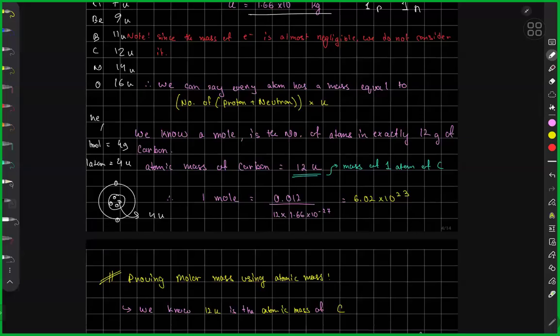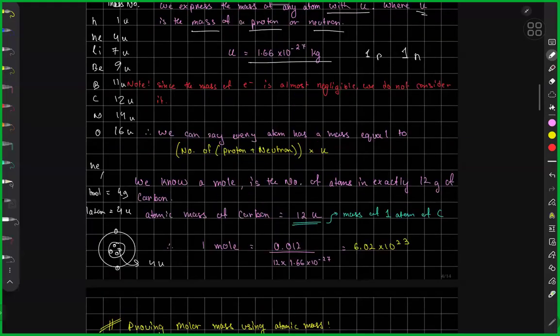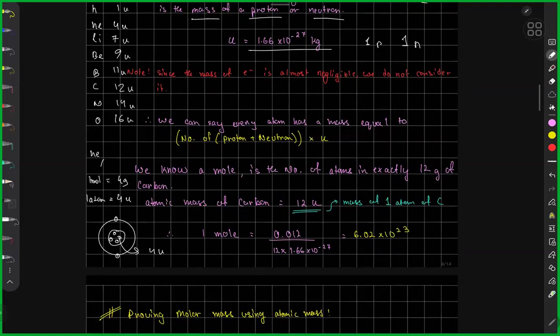Now, whenever we have any atom and we say its mass is 1U, 4U, 7U, it's basically saying the number of protons plus neutrons. Let's say helium is 4 times its atomic mass unit, U. This is the total mass of one atom.